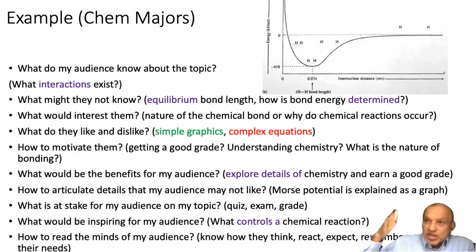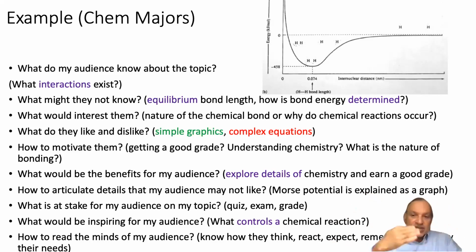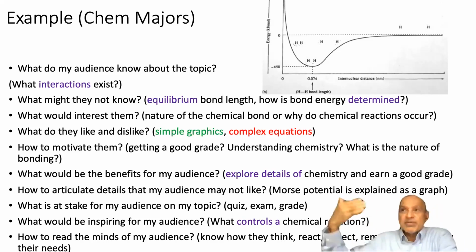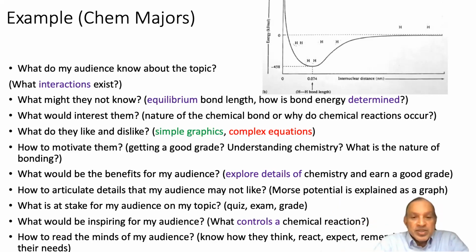The one-dimensional surface is actually a multi-dimensional surface, but we are simplifying it by taking a cross-section of a 3D surface and showing one cross-section of it. So you can go into these next higher order details to make them more excited, because if you tell the same thing as Gen Chem, then they get bored, right? Because you now prepare them at a higher level. What is at stake? Same thing: quiz, exam, etc.